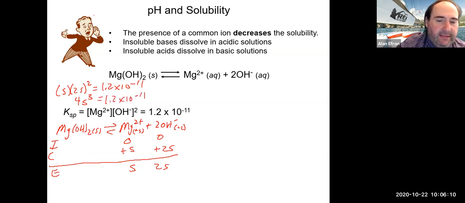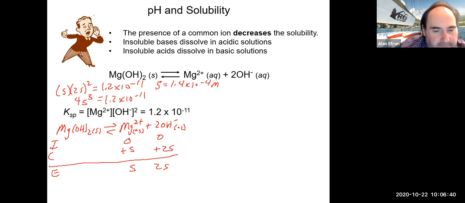And when we do that, if we take 1.2 times 10 to the minus 11 and divide it by 4, and then take the cube root of it, that gives us something like 1.4 times 10 to the minus 4 molar as our molar solubility for S.